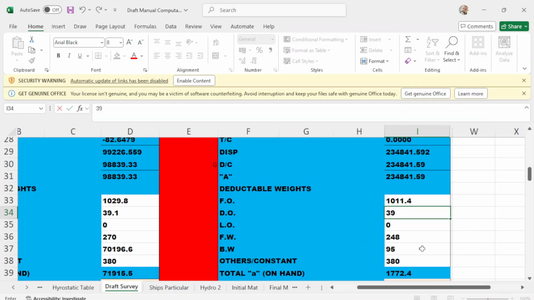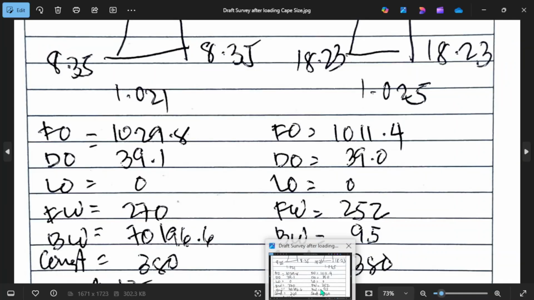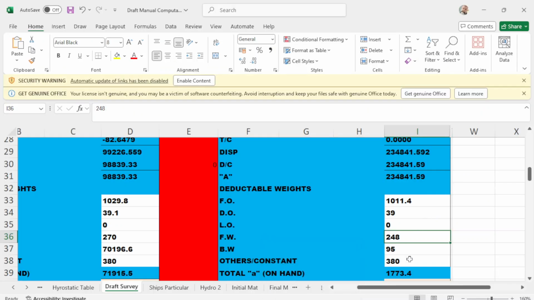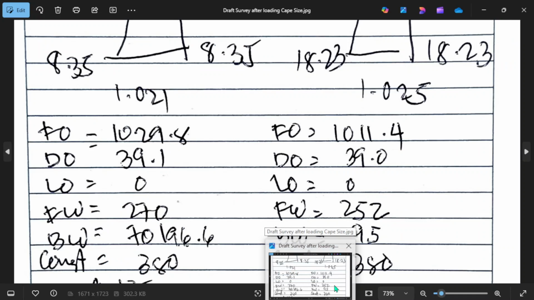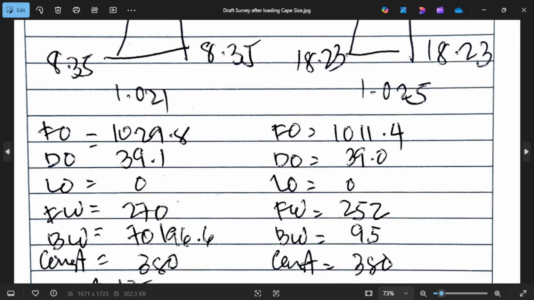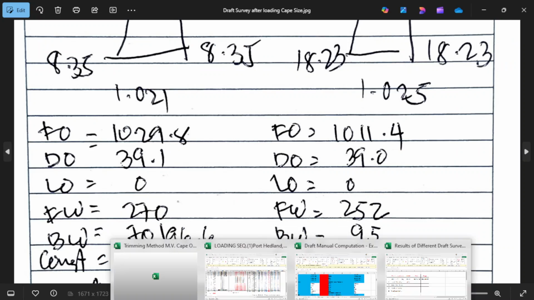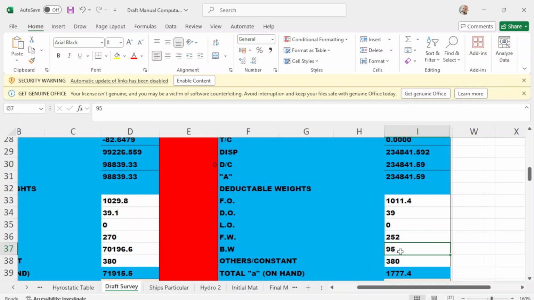Put your 39. Lube oil 0. And your fresh water is how much? Fresh water is 252. Your ballast is how much? Ballast is 95. Okay. Put your 95. And your constant is 380.